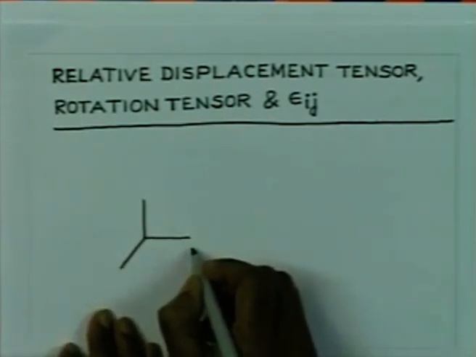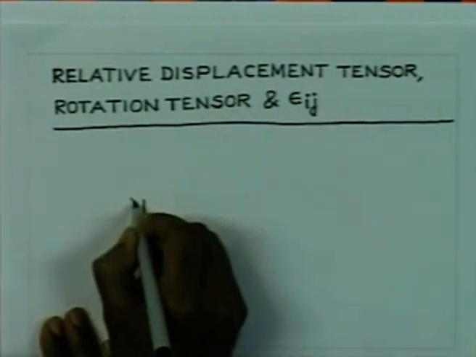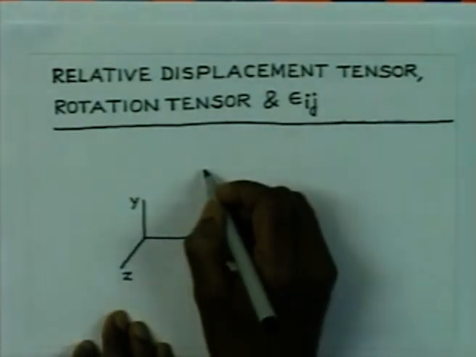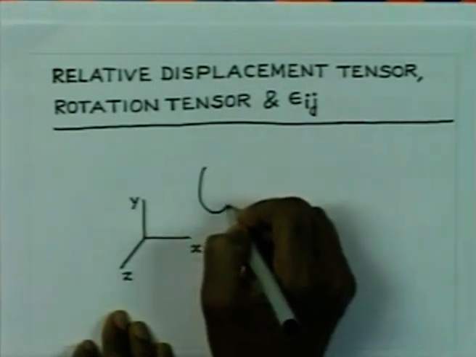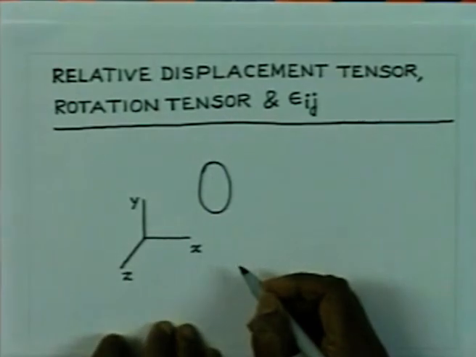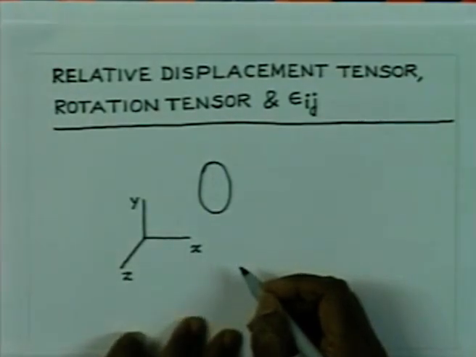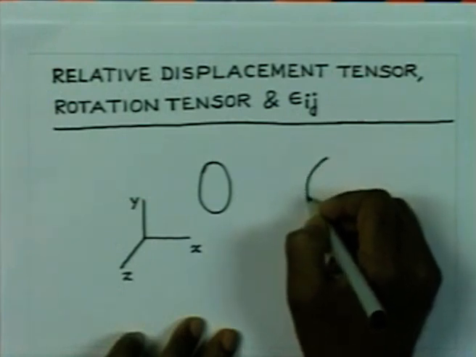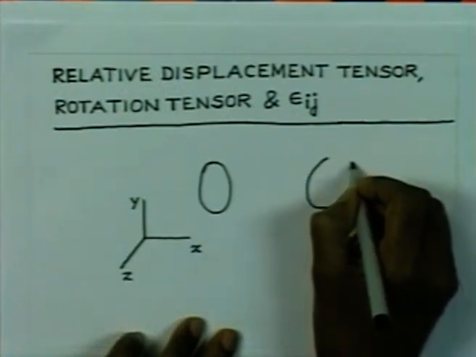We consider 3 dimensions and our axes are oriented as usual. Consider a body which is loaded. I am not showing the load here, but this is the body which is subjected to loading, and under the action of the loading it can move, it can rotate. So, therefore, it can have deformation also.